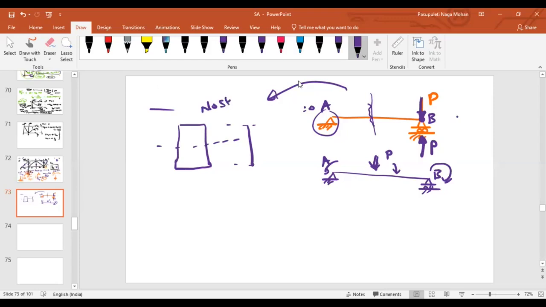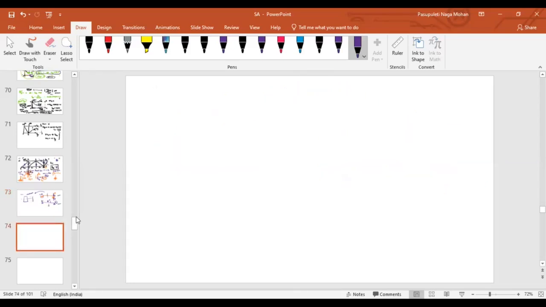So no stresses will develop. But in this case, stresses will develop. Why? Because the loading mechanism is different. This one is directly transferring to the support. This one goes to the beam and then to the supports. Clear? Clear, sir.